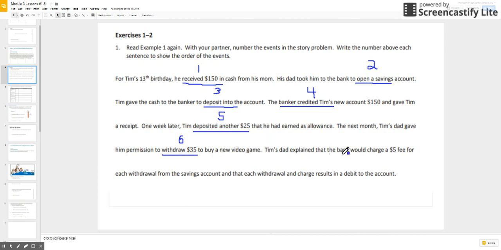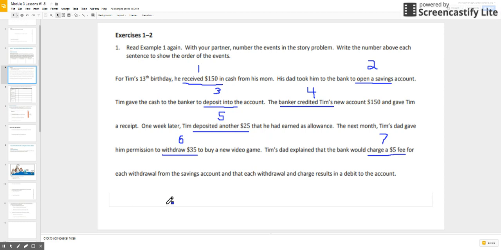Tim's dad explained that the bank would charge him a $5 fee for each withdrawal from his savings account, and that each withdrawal and charge result in a debit to his account. So we have a couple things going on here. First, we have a charge of a $5 fee, so that's event number 7.